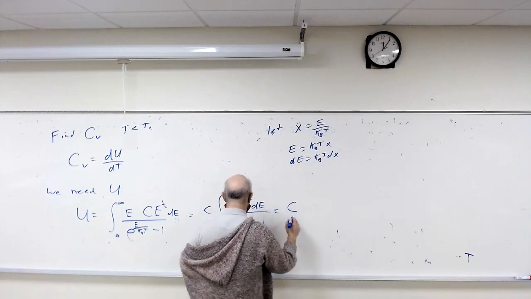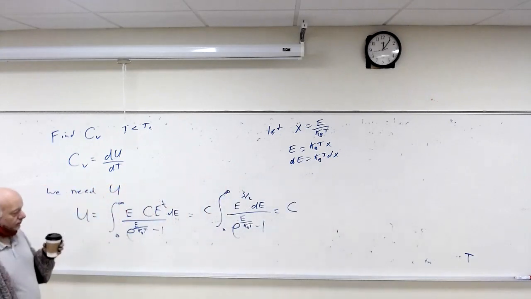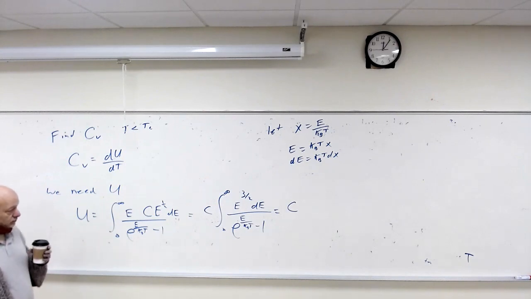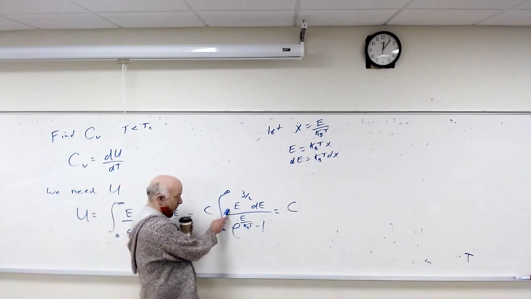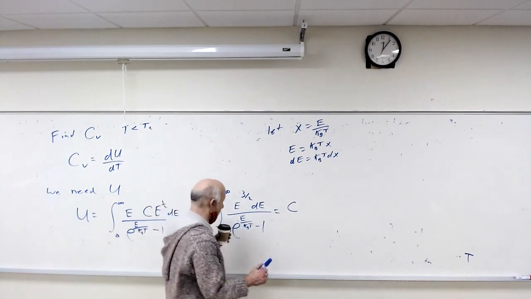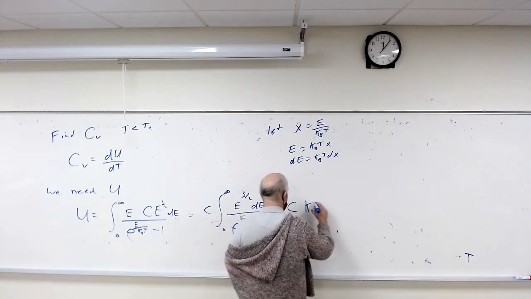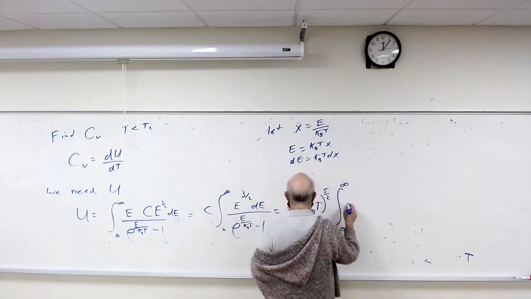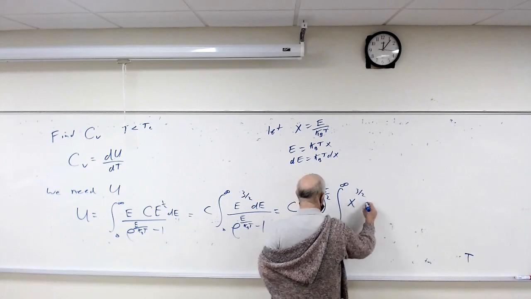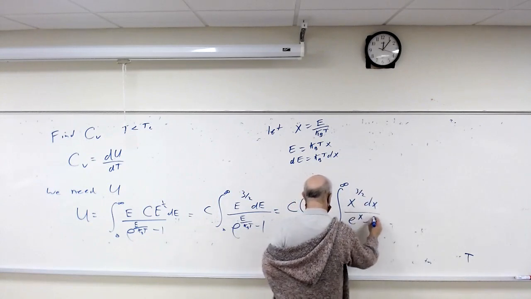So I'll pull out the C. How many factors of k_BT do we have? 3/2. We get a 3/2 from this guy, we get another one from this guy, so 5/2. Then an integral from 0 to infinity of x to the 3/2 dx over e to the x minus 1.